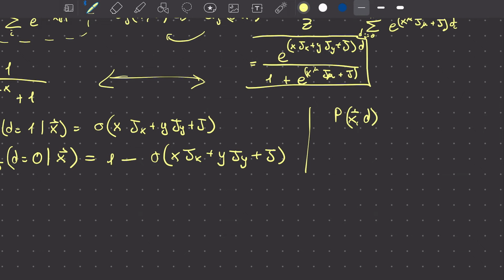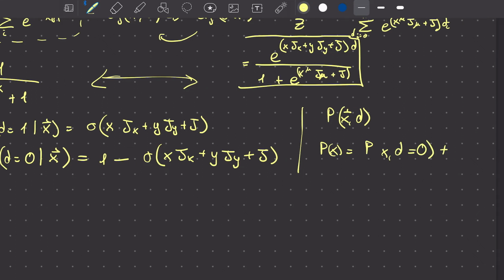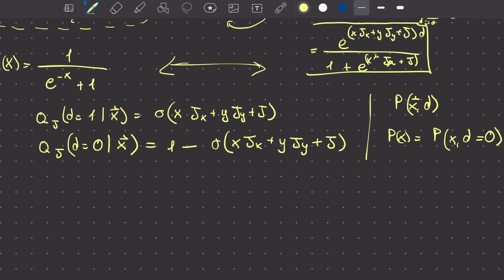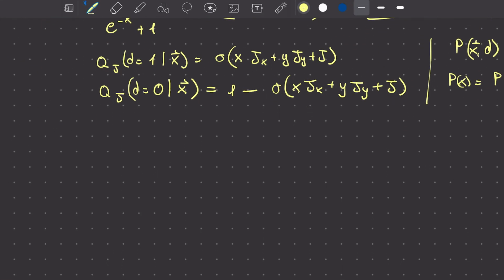Then x should be generated according to p of x, the absolute probability, and the same when d is equal to 1.